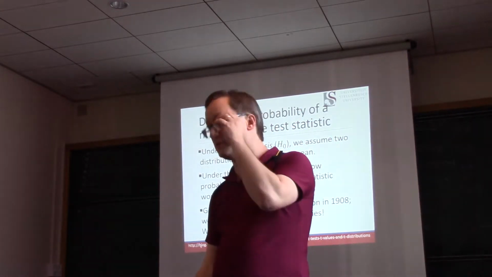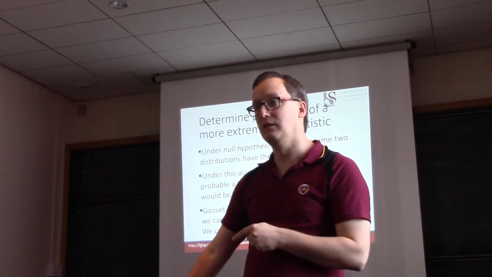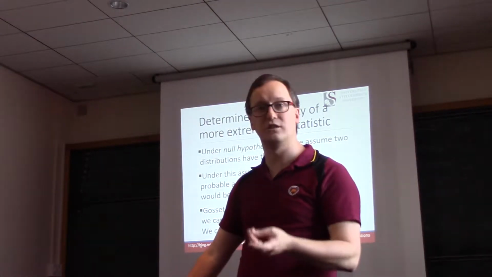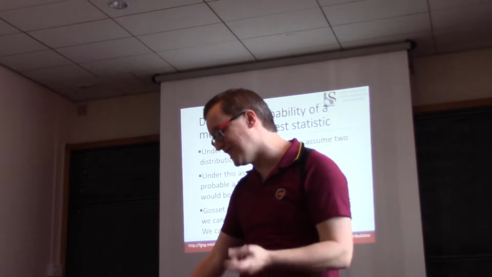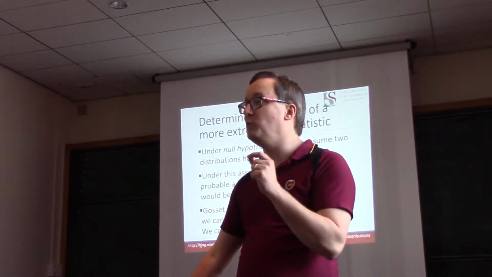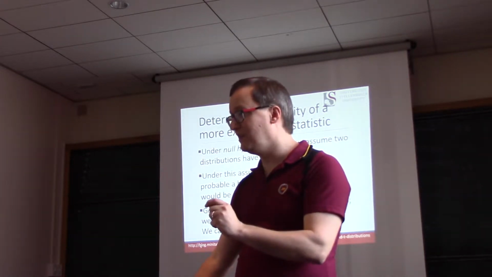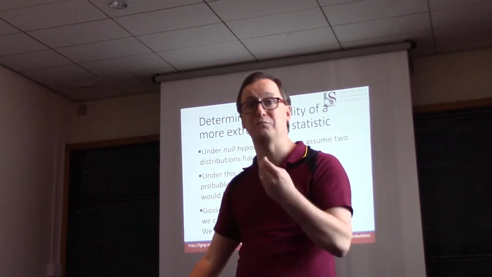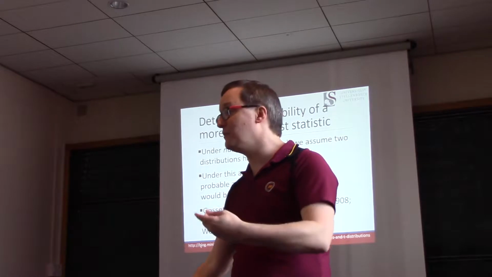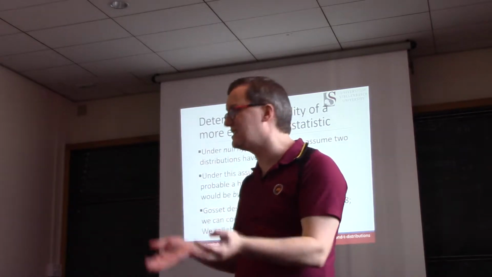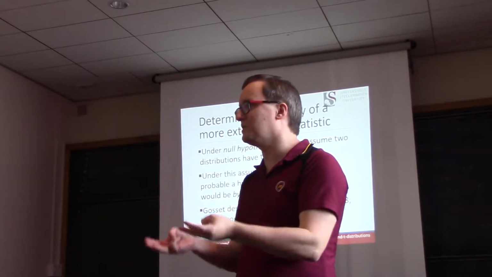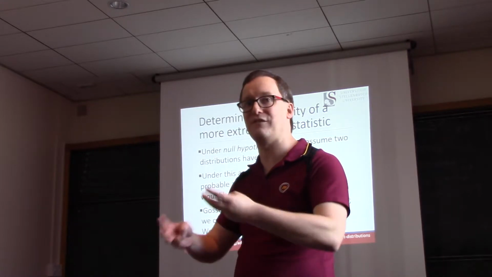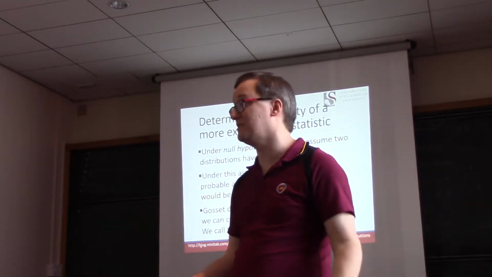Right. So I wanted to point out that the big advantage Gossett had in 1908 was that he found a way to compute the probability that you would have a more extreme t-statistic by random chance, thus giving him the ability to not just generate these t-statistics for a difference, but also to say what is the probability that you would have a value this large by random chance.